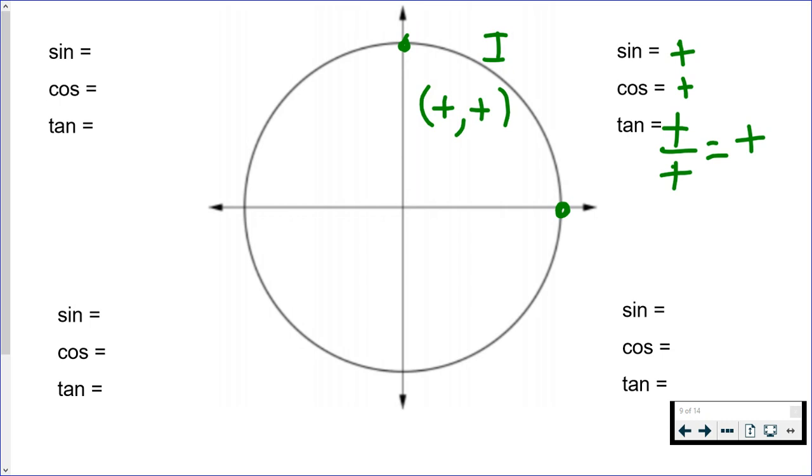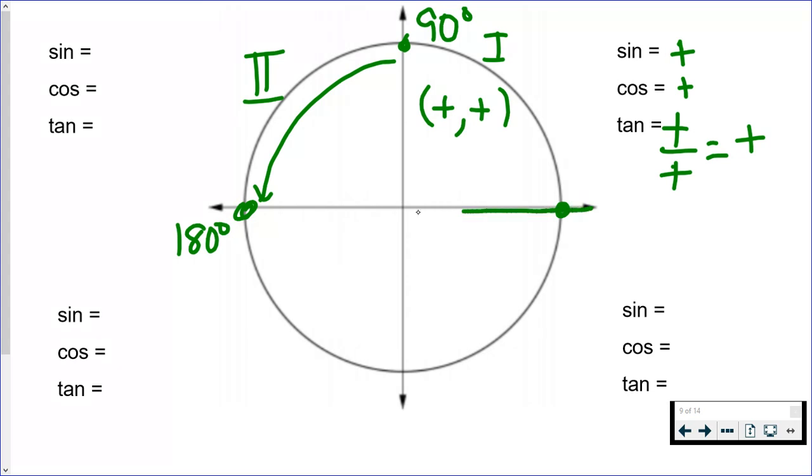If you move over to the second quadrant, remember this up here was 90 degrees. If we rotate again to this point, this must be 180 degrees. Remember, a straight line is 180. So if you go from our starting point to 180, it's a flat line. So in quadrant 2, we would have had to move to the left and then up to get to quadrant 2.